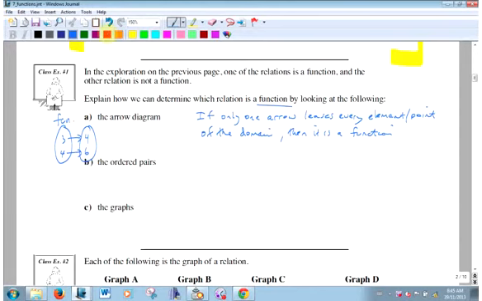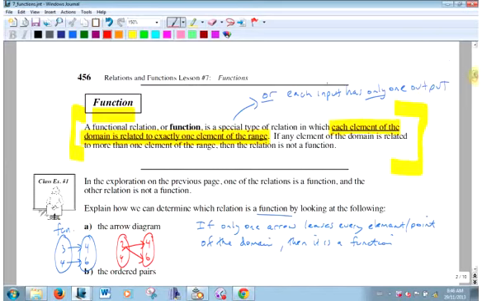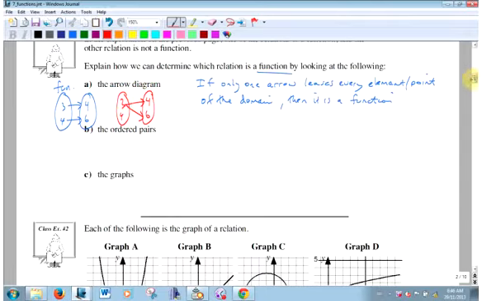Whereas, I'll do it in red because it's wrong. If that's what I have, and 3 maps to 4 and 6, does that input have only one output? No, it has 2 outputs.